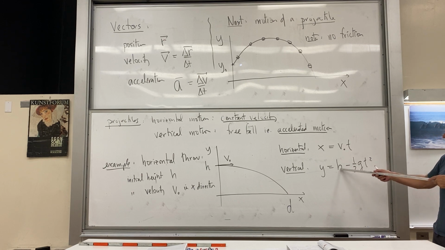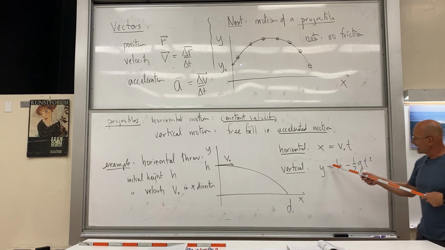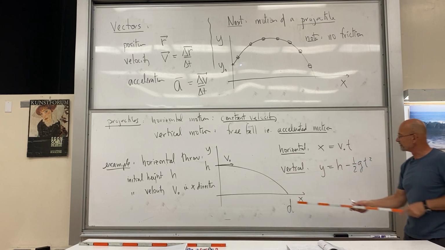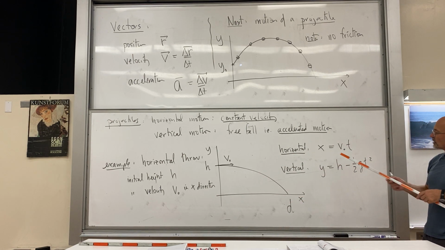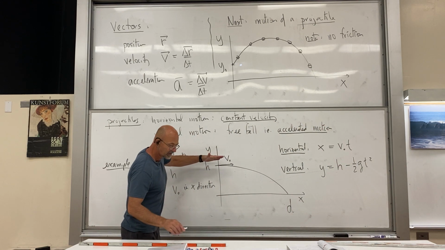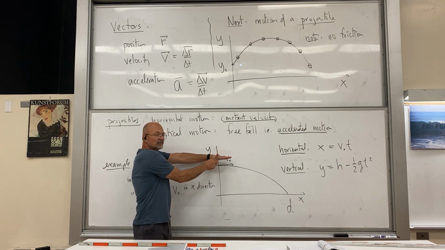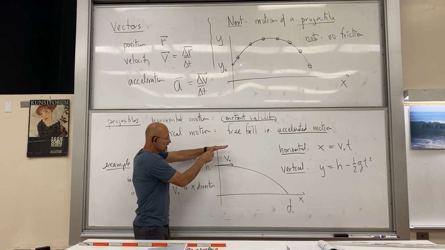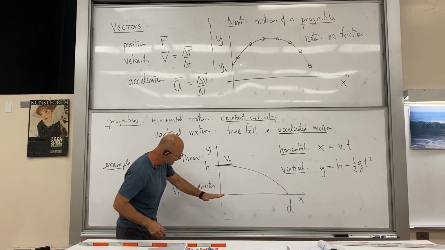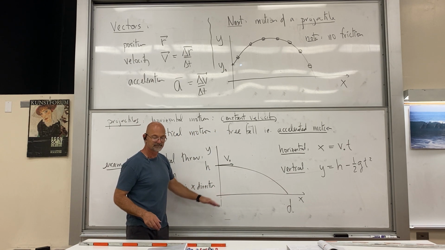So this is the position in time of dropping something. When t is equal to 0, I'm up at h, and then as time goes on, it's falling, and this is the forward motion. What this means is, if I were to throw something horizontally and drop a second object at the same instant, okay, launch and drop, then this one would hit the ground at the exact same time as this one hits the ground.